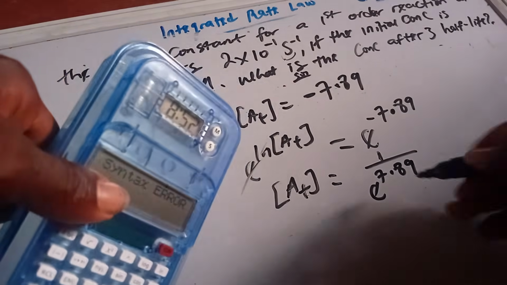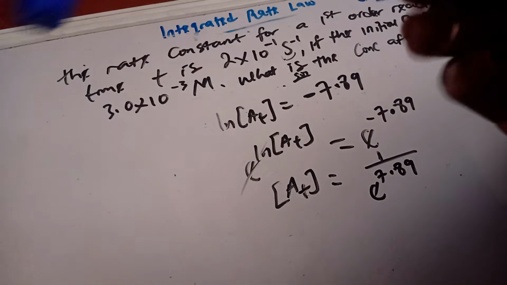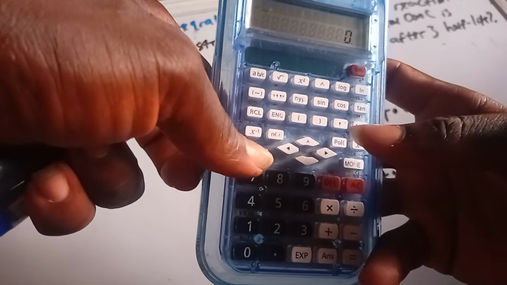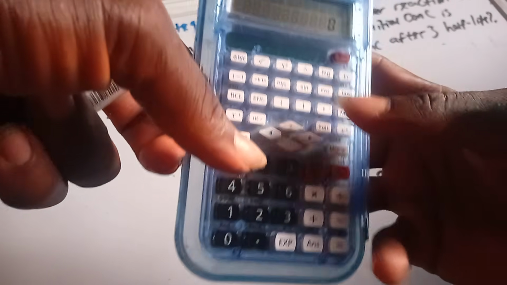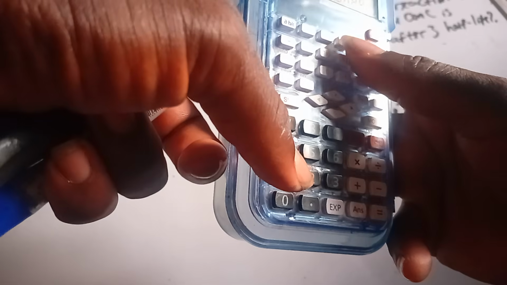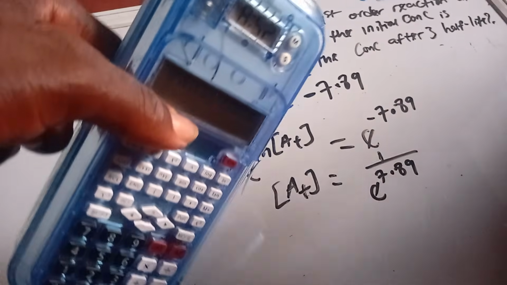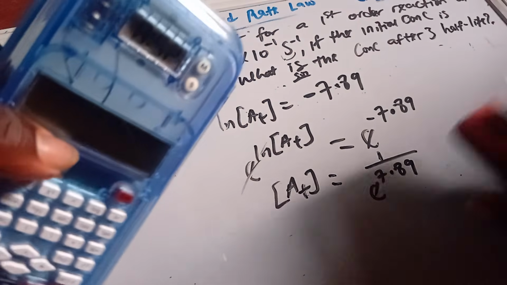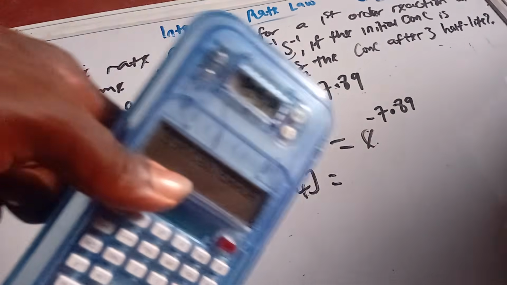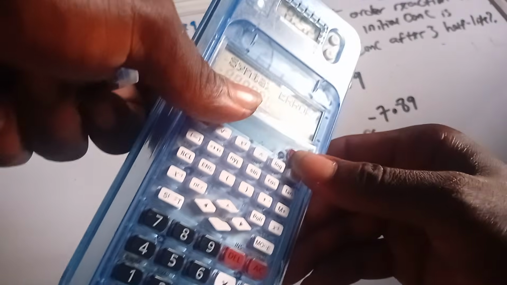Maybe it's this type of calculator. If you take it up, it will become negative, so let's do it this way. I think this calculator can manage this one. Shift ln, 7.89. Sorry, we don't need to put power. If you want to use this kind of calculator, don't put power.